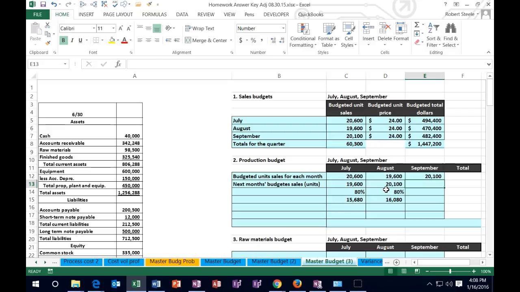And then you might be going, well, what about September? Because obviously our sales budget only goes up to September. And that's one of those areas where the problem's going to have to give you some more data in terms of, well, what do we think the budgeted sales are going to be for October, which is outside of our quarter that we're budgeting for, but we need that if this is the policy.